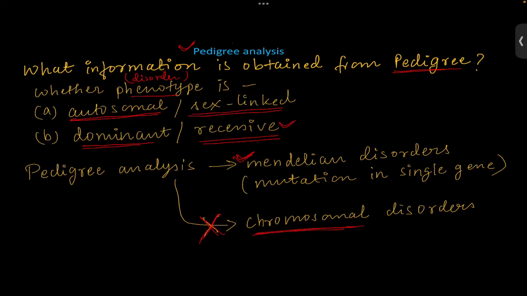For those kinds of disorders, pedigree analysis is not done. As I previously told, a pedigree analysis is done for identifying the inheritance of one particular gene. If you want to show two disorders, you cannot do that in the same pedigree. You have to draw two different pedigrees for showing the inheritance of two different disorders.